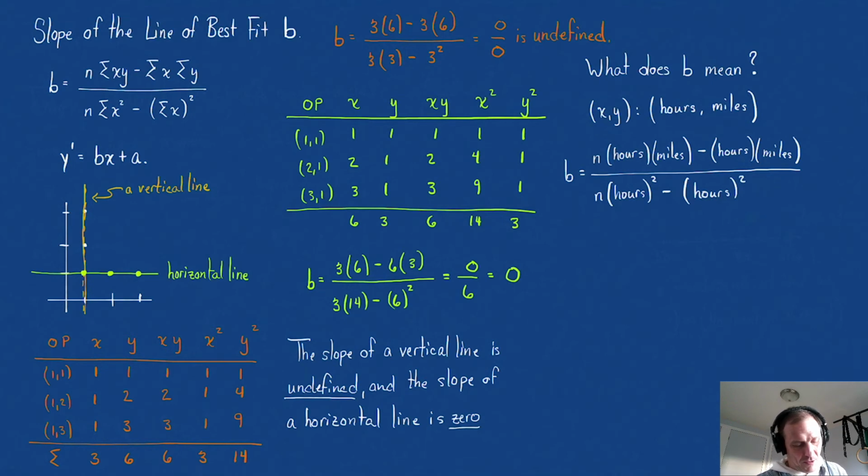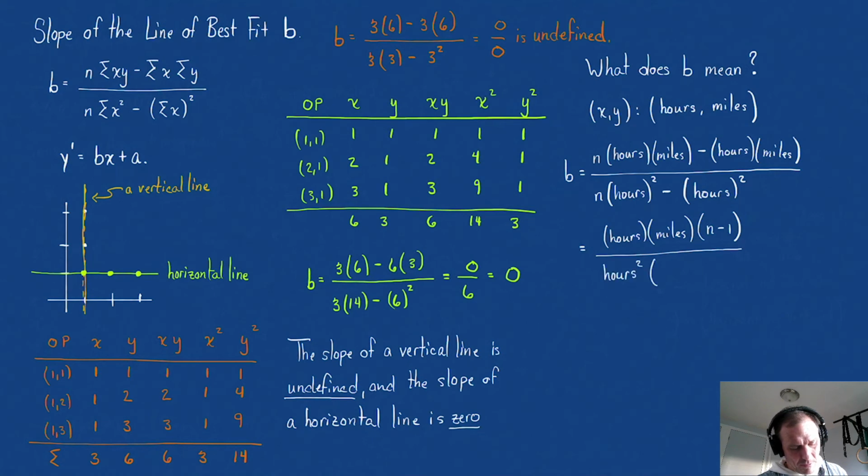Well, I'm going to do a little fancy math. This is some factoring. If you've taken algebra, then you might be comfortable with this. If you haven't, that's okay. In the numerator, let's factor our hours times miles. So that's going to leave me with times n minus 1. And in the denominator, let's factor our hours squared.